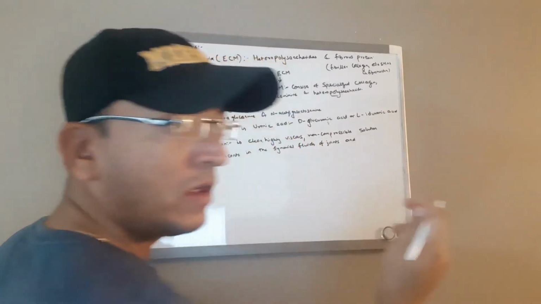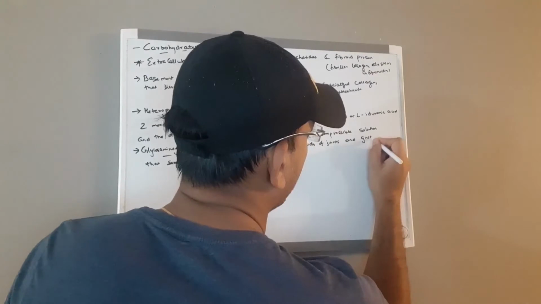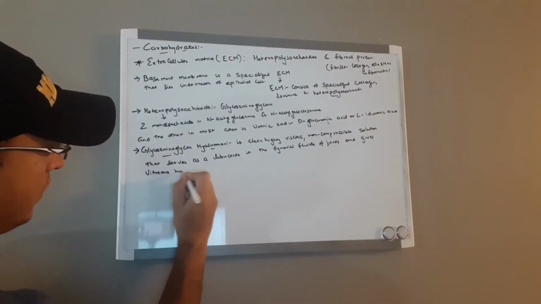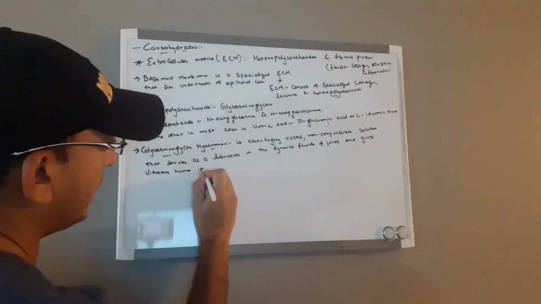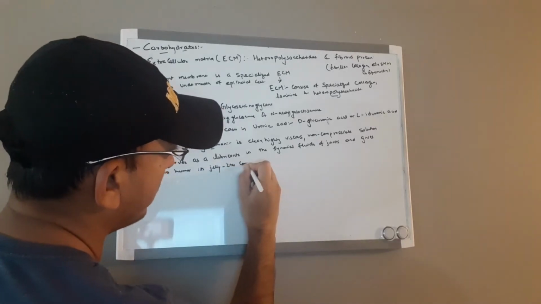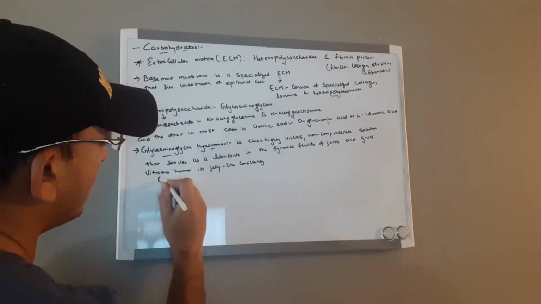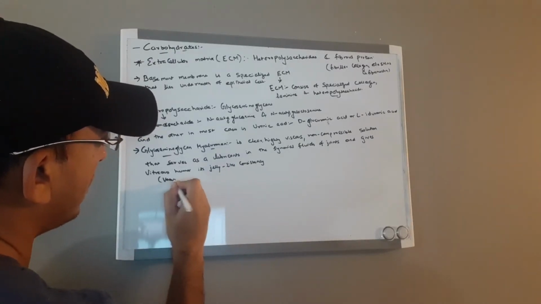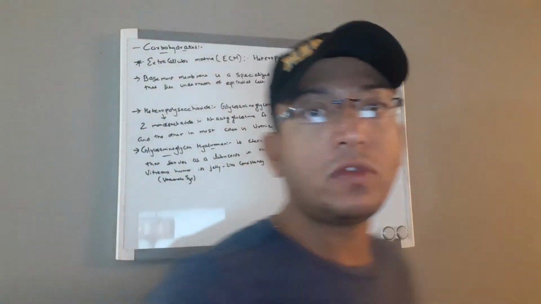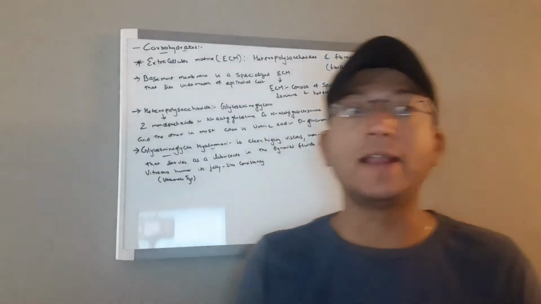And also it gives the vitreous humor in the eye its jelly-like structure.